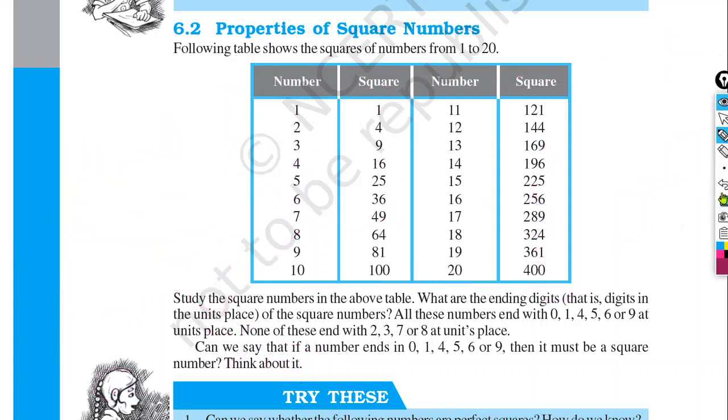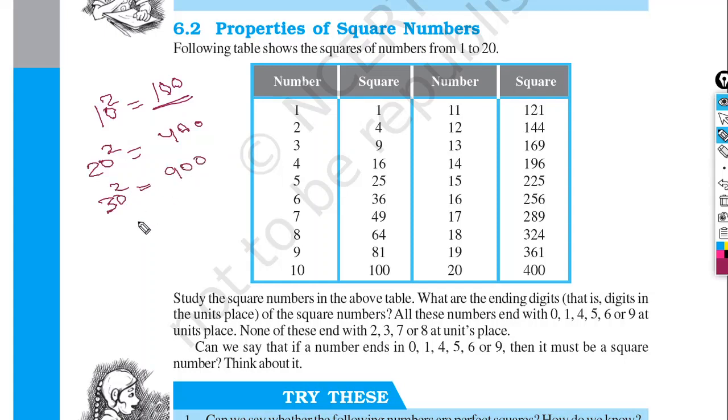Now one more thing is here. If you look, 10 square equal to 100. Similarly, if you find suppose 20 square equal to 400. Now you find 30 square equal to 900.